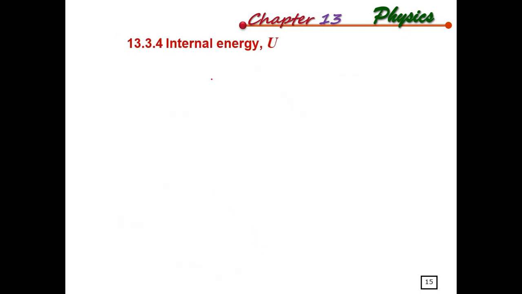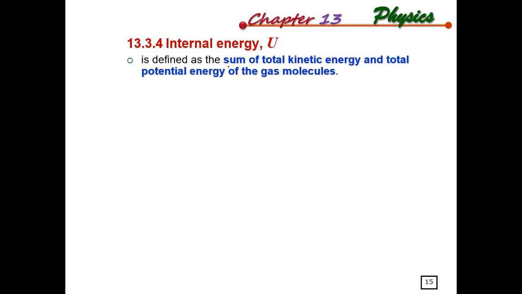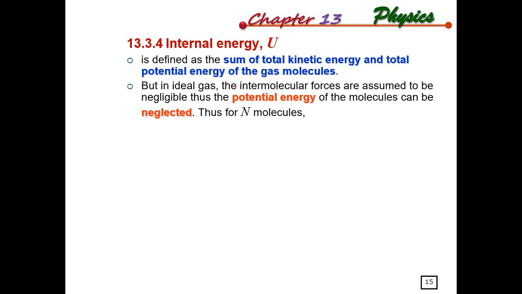Now we go to the internal energy, U. It is defined as the sum of total kinetic energy and total potential energy of the gas molecules. Because it is an ideal gas, the intermolecular forces are assumed to be negligible. Thus, the potential energy of the molecules also can be neglected.